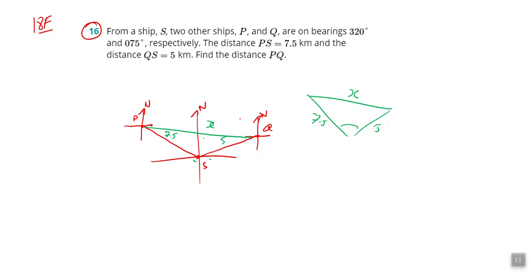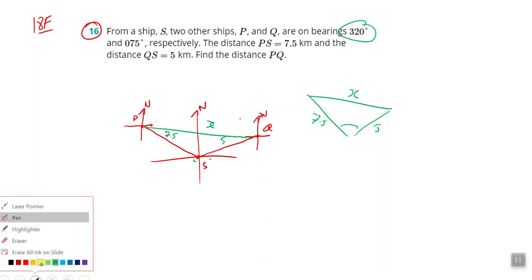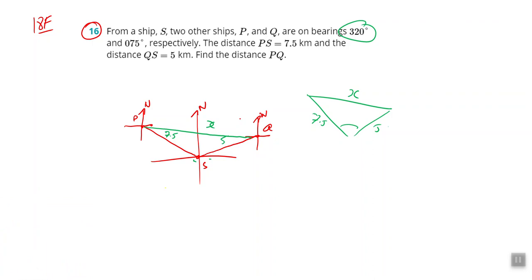Now, we're given a hint on the bearing because it's 320 degrees. We know that the bearing from here all the way to the horizontal is a 270 degree turn. So how much more do I need to get to 320? If I go 320 minus 270, I should get 50 degrees here.